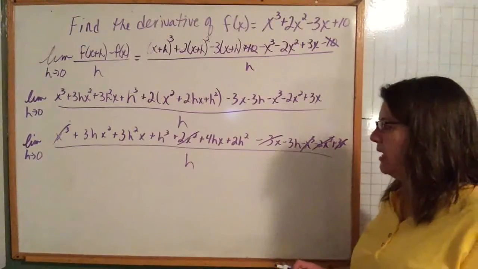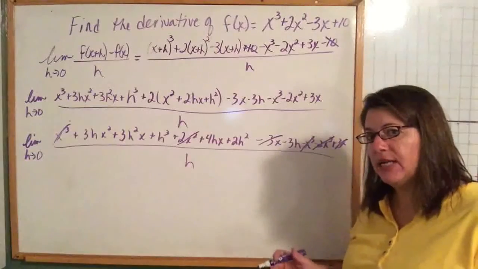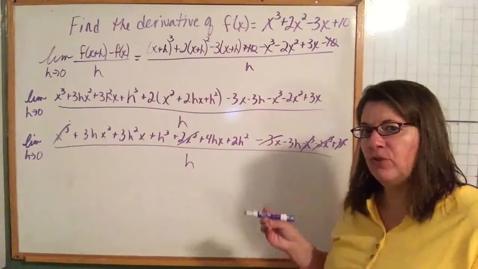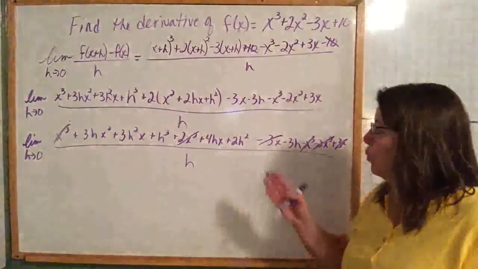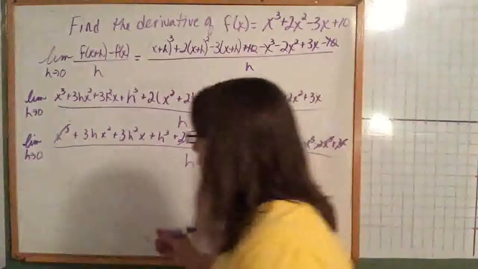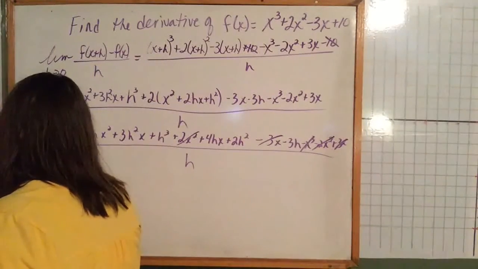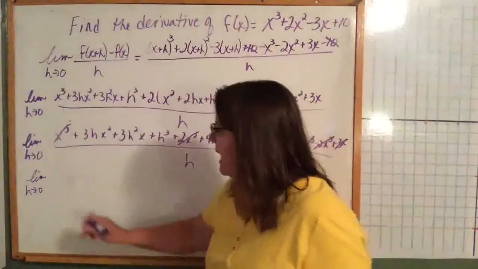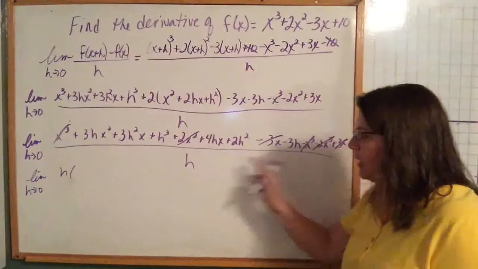we're going to then, since every other term that we have left has an h in it, go ahead and distribute out that h to save myself a little bit of work, okay? Once we've gotten rid of everything that didn't have an h, then we can go ahead and distribute out the h in the next step. So I'm going to go ahead and take out an h from every term in this.